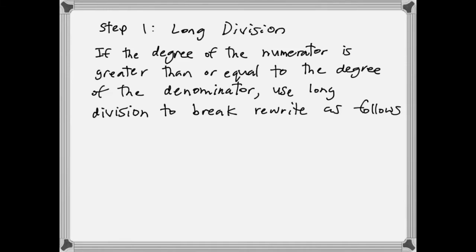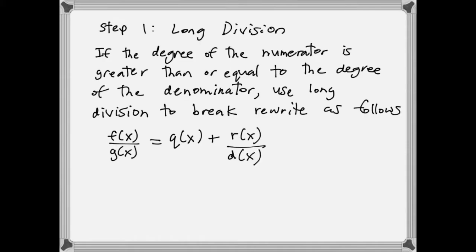So if you start off with something like f of x divided by g of x, you can rewrite this as whatever the quotient is plus, and then the remainder divided by whatever the old thing was on the bottom. Let me actually write it as a g of x here, just so it matches what we started with.